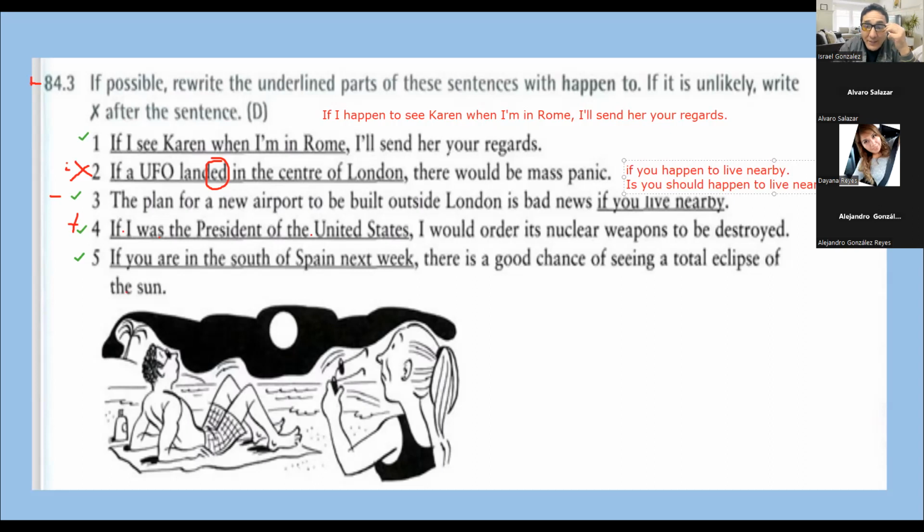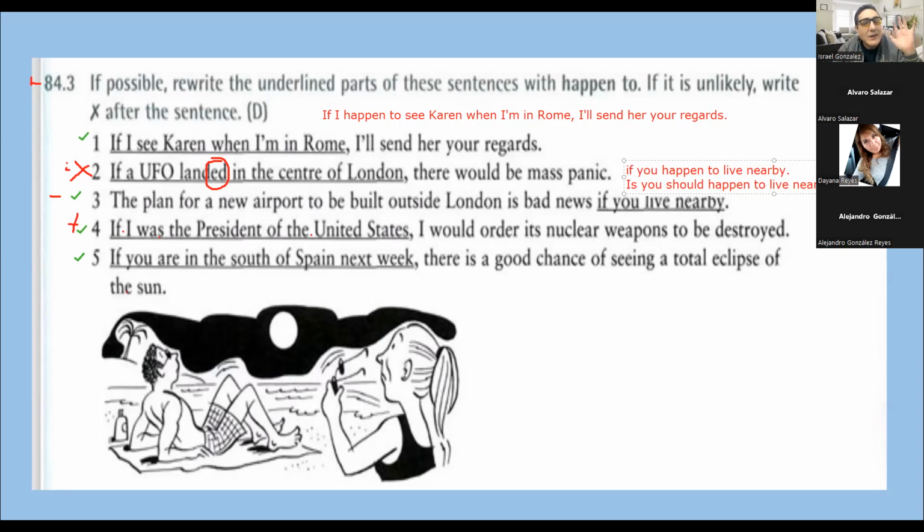Okay. What do you think on number 4, Alex? Should we change it or not? I think that is rather an impossible situation. I think it is rather impossible if you are not a politician and you are not from the United States and you don't have any plans.